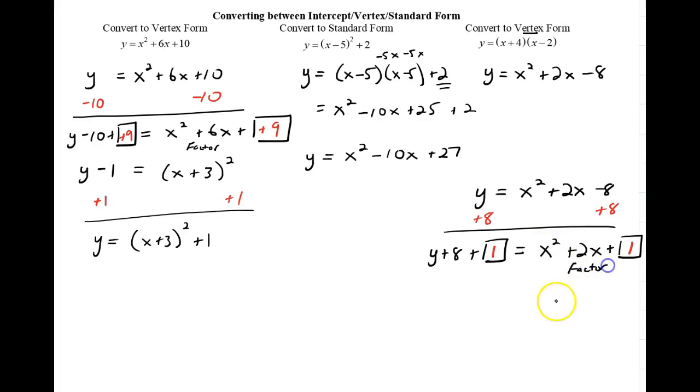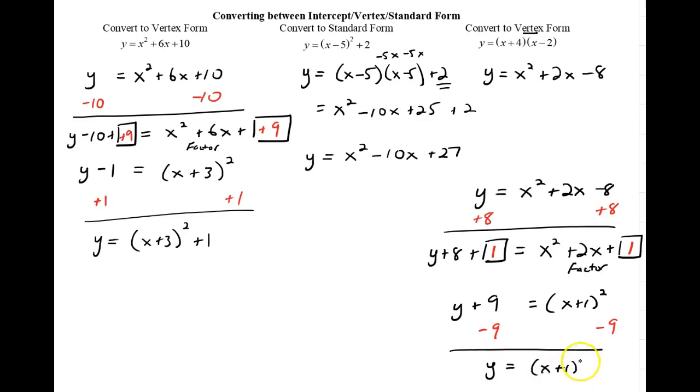So this factors to x plus 1 quantity squared. Here the 8 and 1 is going to give us 9, so y plus 9. So now to put it in vertex form, we subtract the 9 from both sides. And we finish with y equals x plus 1 quantity squared minus 9.